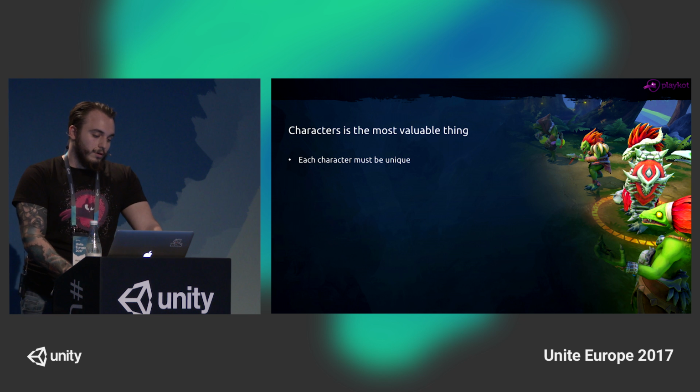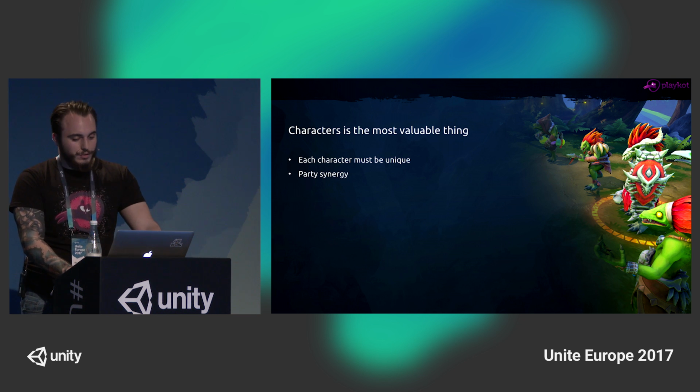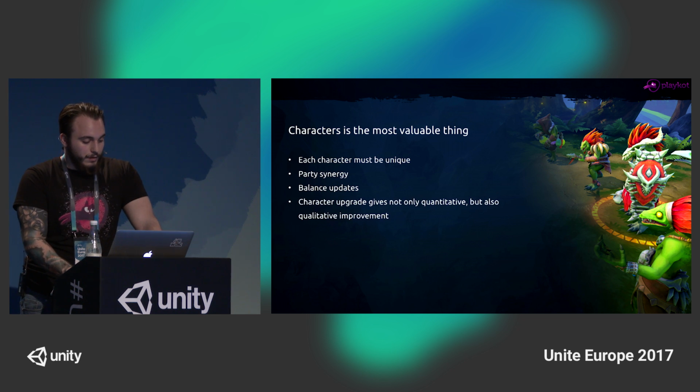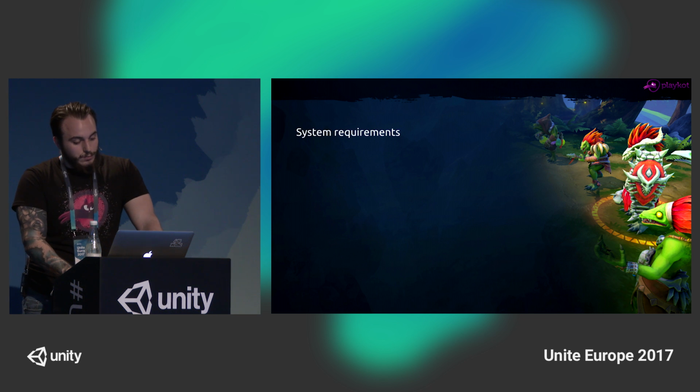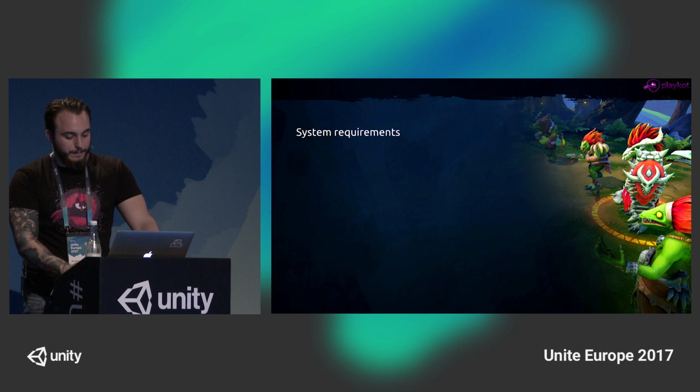First of all, our characters must be unique. We must have party synergy, so you can create a unique party and use your own strategy to win our game. We need to be able to create balance updates fast and in an easy way. Upgrades should have a decent effect on gameplay quality, and so should a new character after release. This wish list was reworked to create actual requirements for our development team to implement.